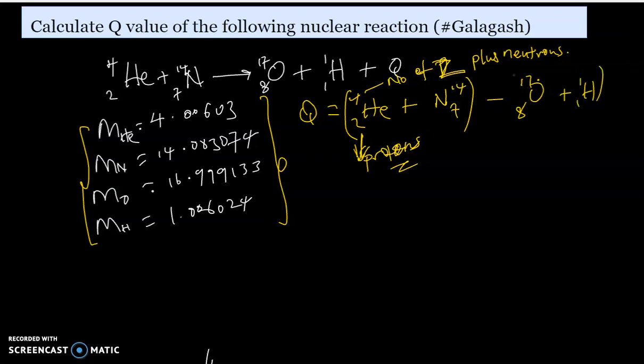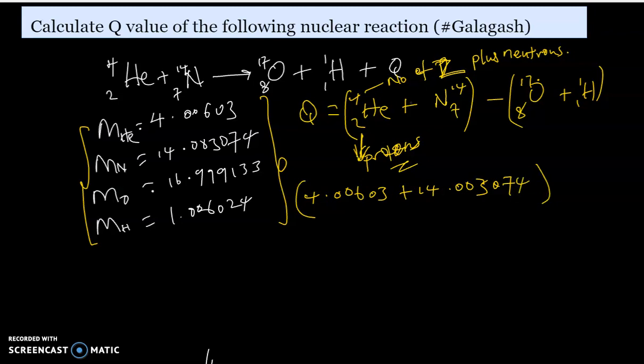So the mass of helium is given as 4.00603, plus the mass of nitrogen, which is 14.003074.